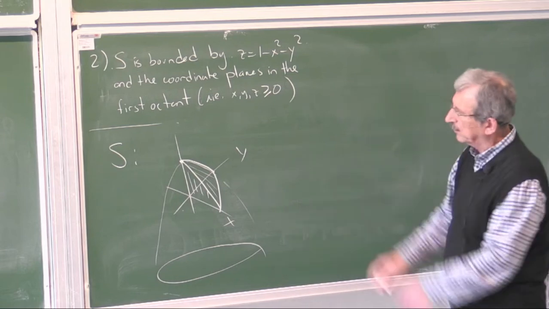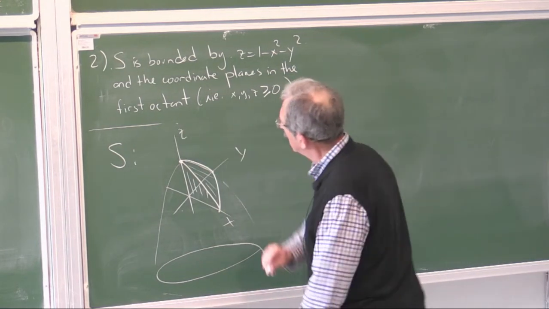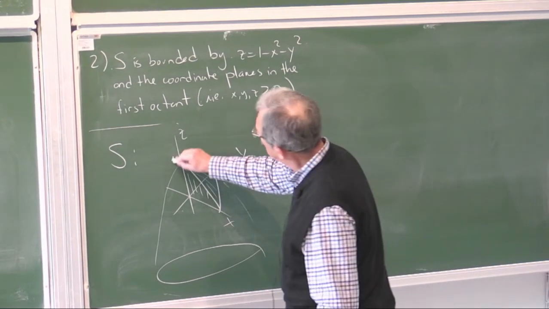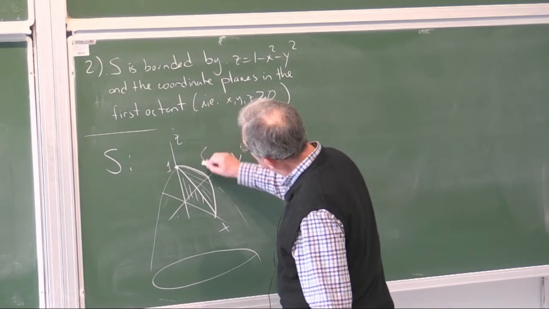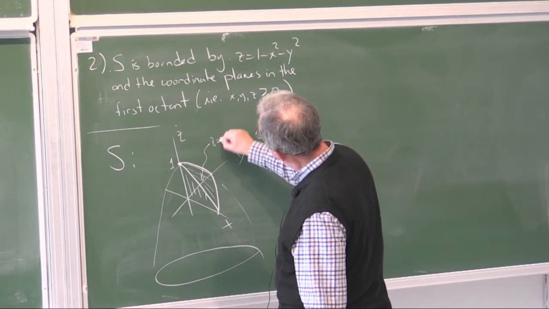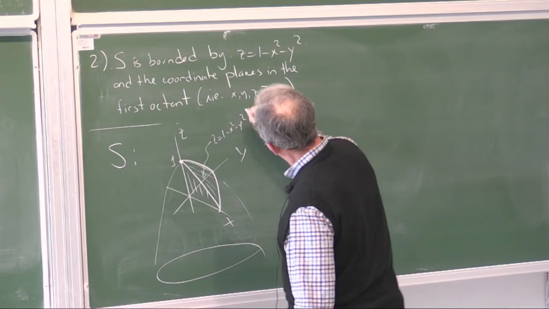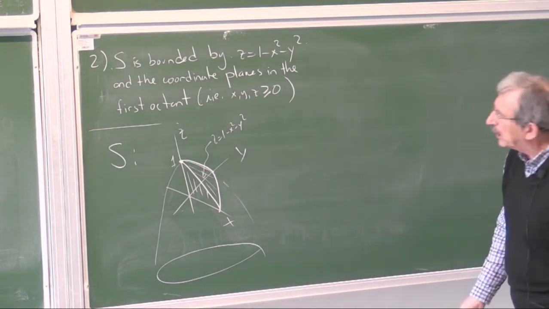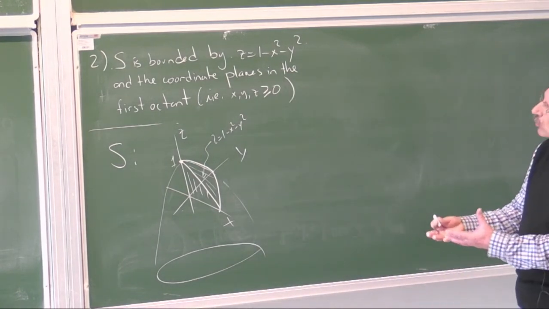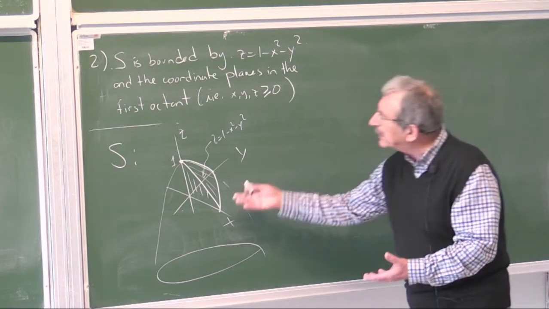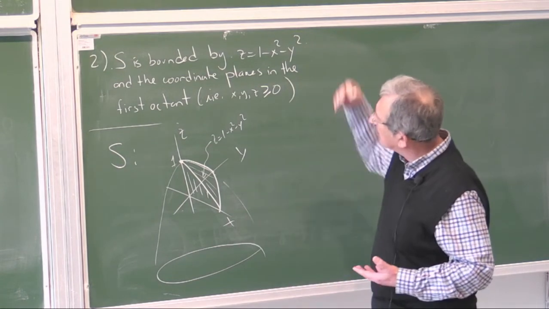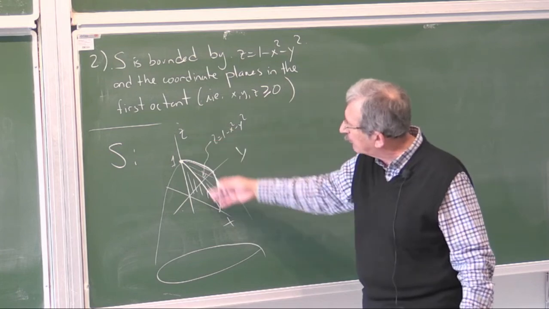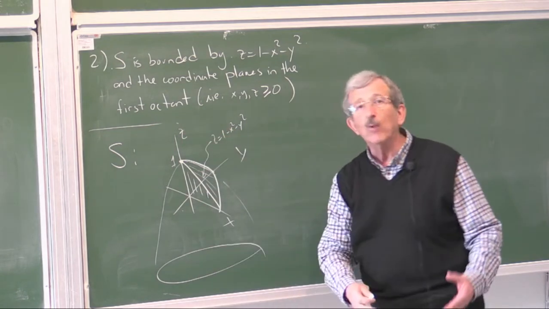In the first octant, this is 1, and this surface is the upside down paraboloid. It is bounded by the coordinate planes, so it's bounded below by z equal to 0, at the back by x equal to 0, at the front by y equal to 0.